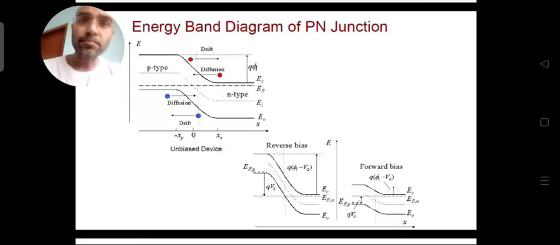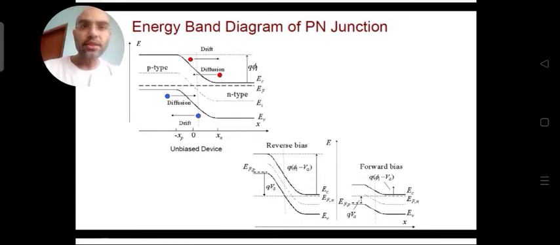In metals, the valence band and the conduction band overlap with each other, whereas in insulators the energy gap between the conduction band and the valence band is too high. It is 6 electron volt in the case of the best insulator, diamond, as you know. In semiconductors it is not that high, but there is some energy gap between the two bands. Now you can understand this with the help of these diagrams.